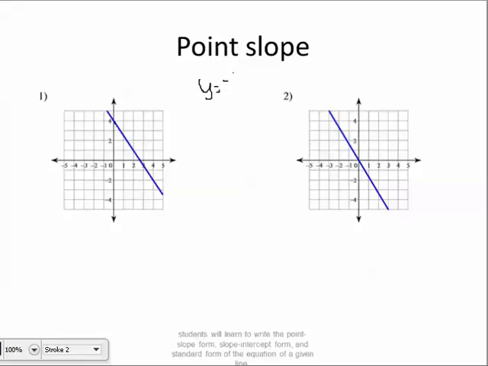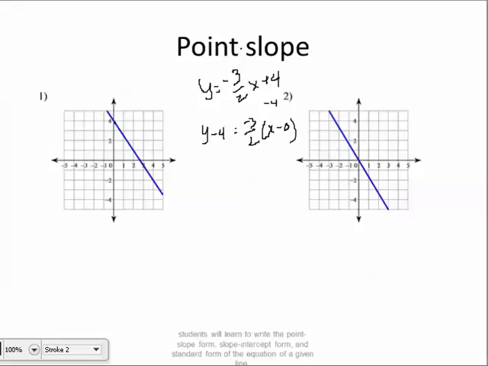Okay, point slope. Same equation here. y equals negative 3 over 2 x plus 4. But I want it in point slope. What can I do here? I know. I'll subtract the 4 from both sides. Okay? So y minus 4 is equal to, well, the slope goes on the outside, negative 3 over 2 times x minus 0.